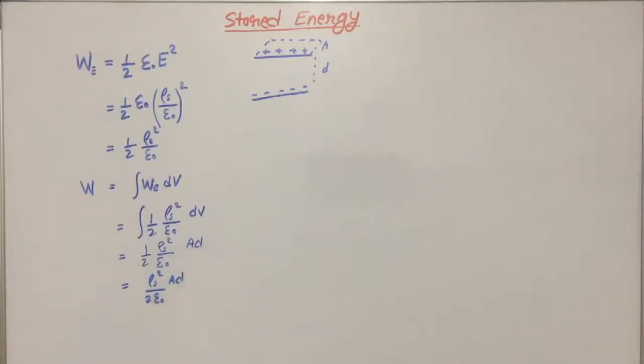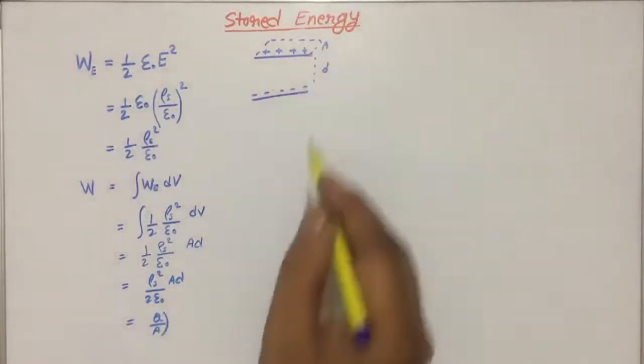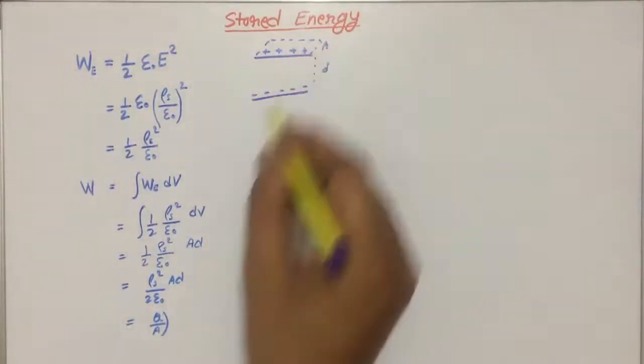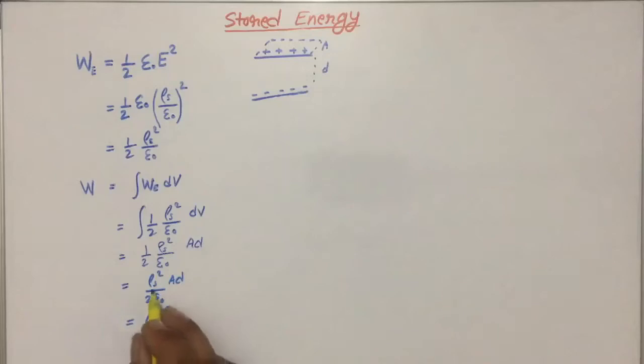Rho s is the surface charge density, that is nothing but charge divided by area. So it can be further written as the total charge divided by the total area, that will give you rho s. AD is already given there, and 2 epsilon naught is from the previous step.